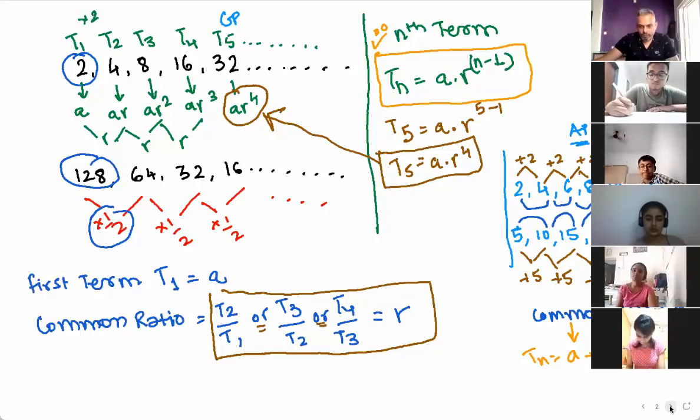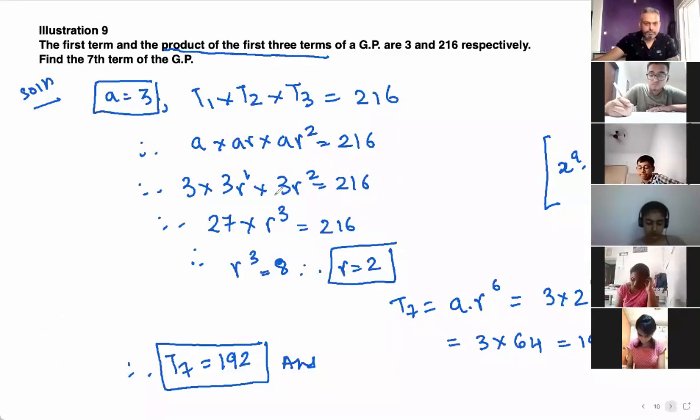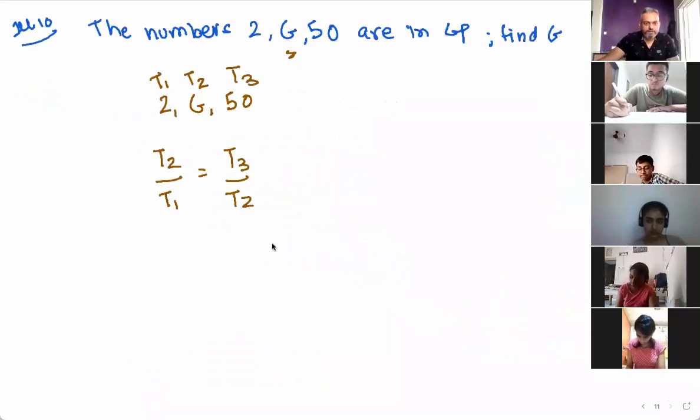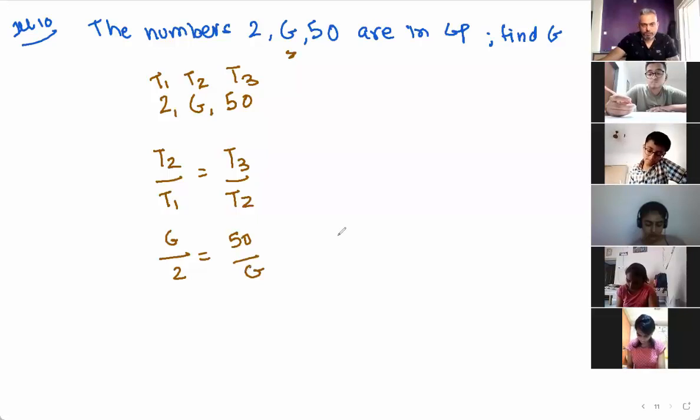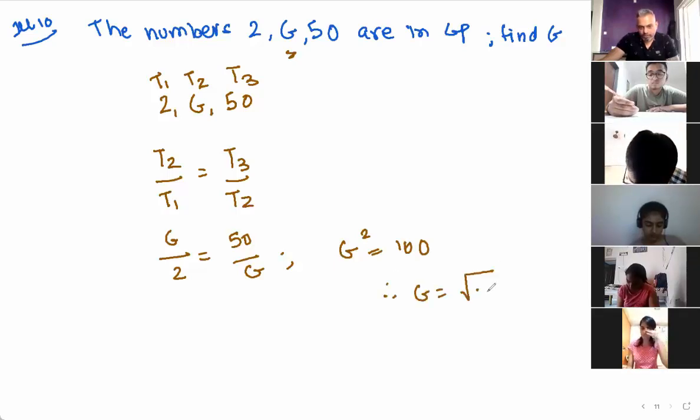So now let's write the values. T2 is G upon T1 is 2, equal to T3 which is 50 upon G. Now what will we do? Cross multiply. So G square is equal to 100. Therefore G is equal to under root of 100, which is equal to what? Plus or minus 10.